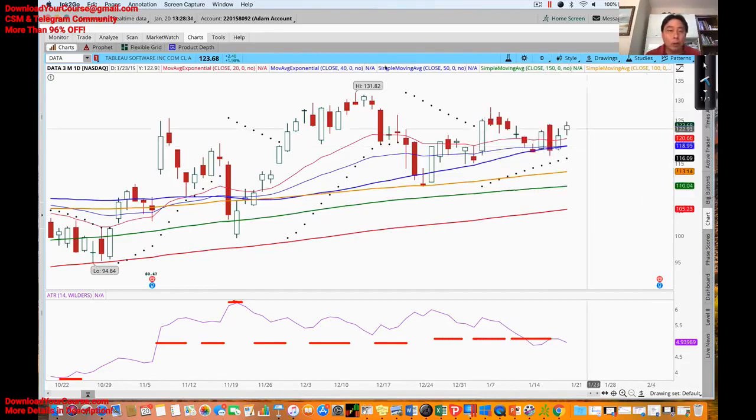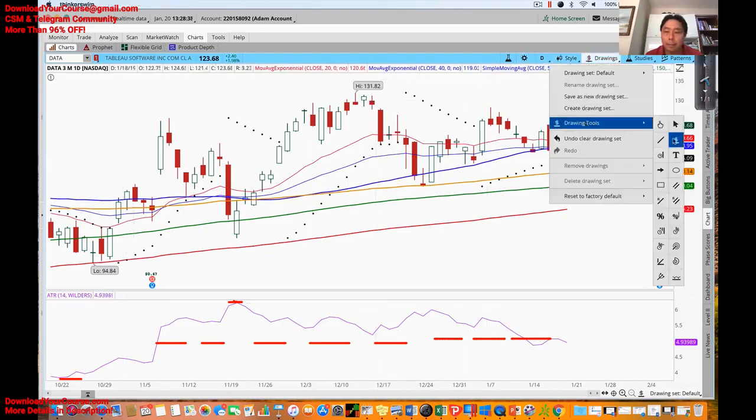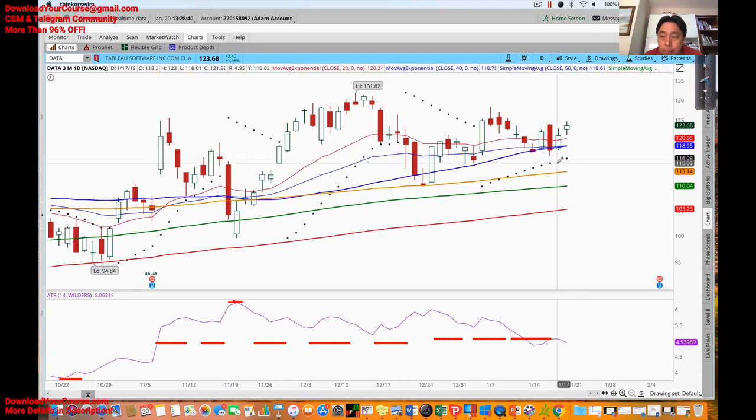So in other words, my stop loss would be at 113.9. Somewhere over there. There we go. All right. So if I intend to buy over there.